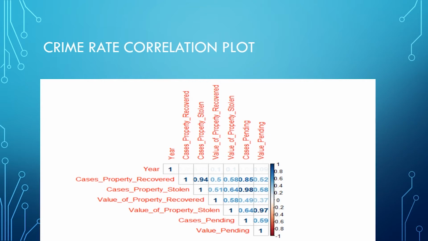Here, almost every correlation is positive, and the highest correlation is between cases property stolen and cases pending. And similarly, other correlations are also given. The highest correlation will be brighter blue. Here, naturally, the correlation between the same columns will be 1.